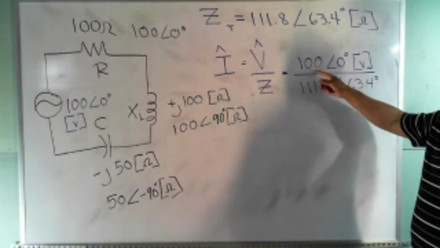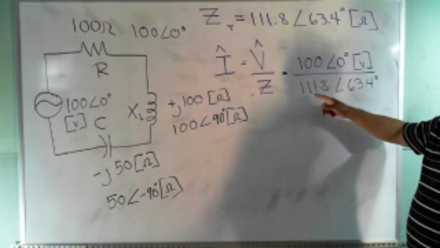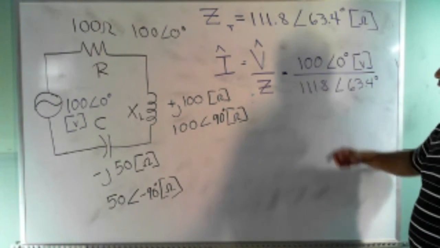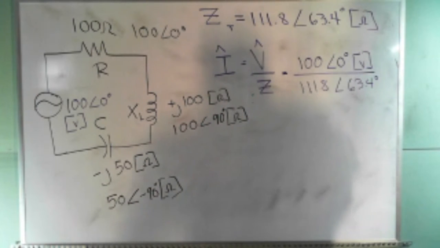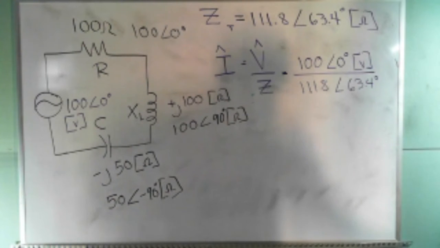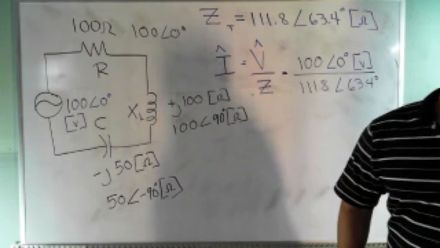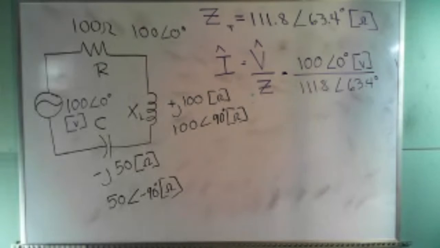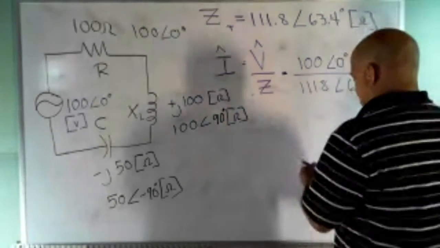So somebody take 100 divided by 112, and let me know what that is for current. And then I'm actually going to draw the current like we do in DC. So what do you get with that? I got 0.892, and then at negative 63.4 degrees.